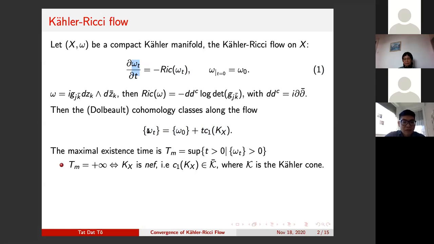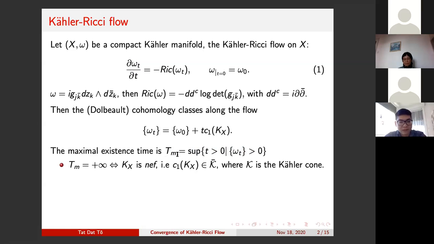Okay. For the existence time of the flow, there is a famous result of Cao, and then Tian and Zhang, saying that the existence time of the smooth solution for the Kähler-Ricci flow is determined by T_max, which is the supremum of T positive such that the class [omega_T] is Kähler, I mean, if you can take some Kähler metric in this class.